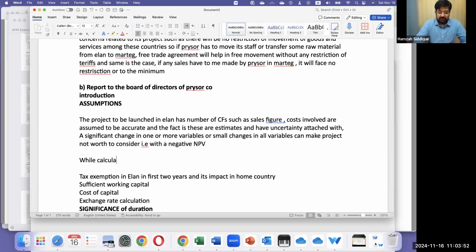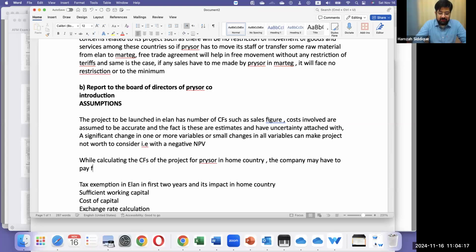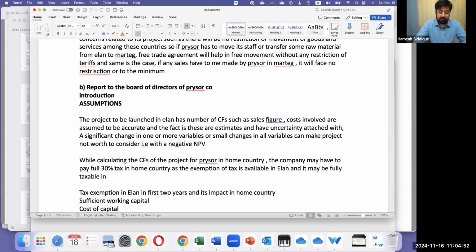So while calculating the cash flows of the project for Prysor in home country, the company may have to pay full 30% tax in home country as the exemption of tax is available in Elan, and it may be fully taxable in Martech.